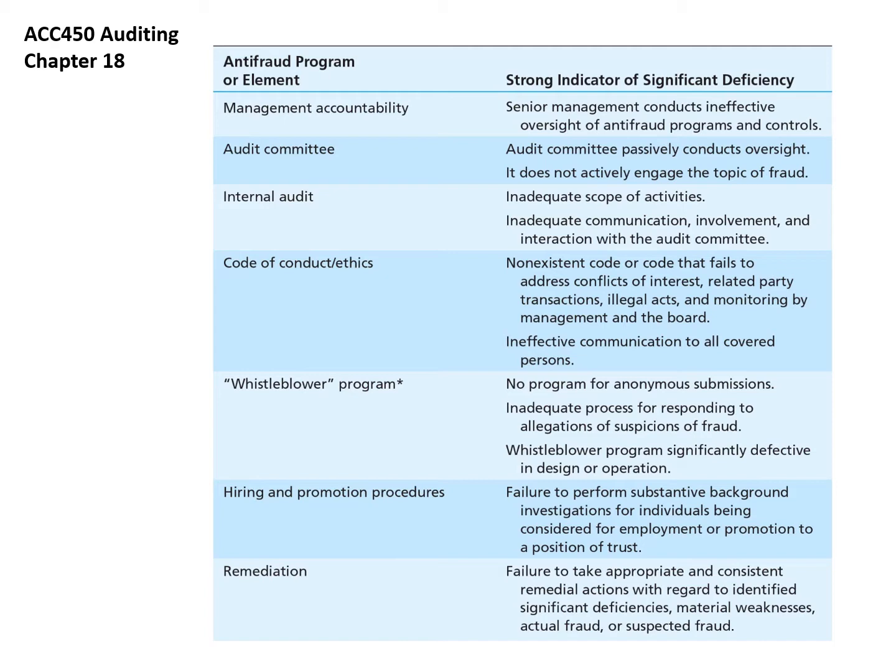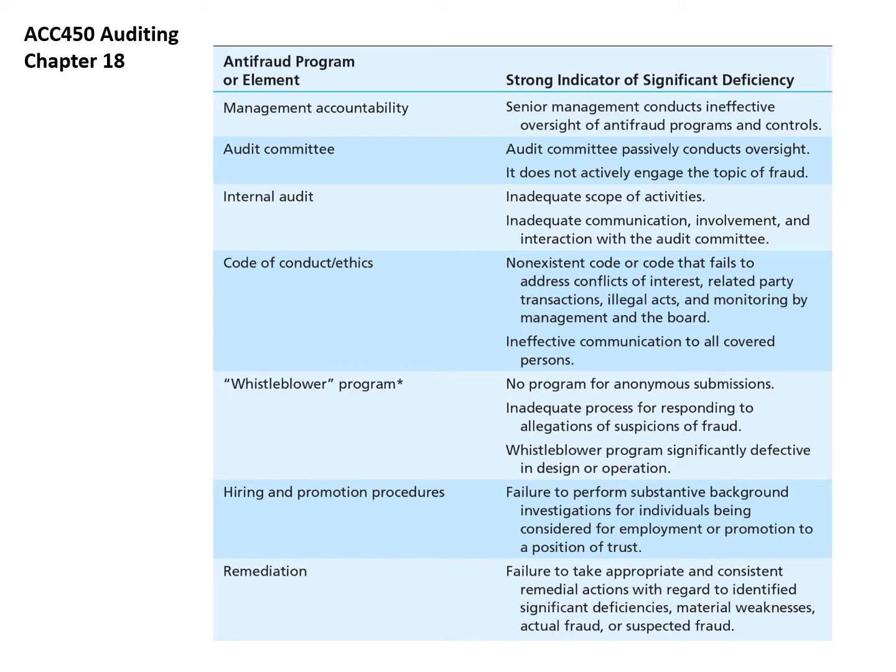So I want to start with just some examples of when we take a top-down approach, some of the significant deficiencies that we might find. So one might deal with management accountability. That's where senior management takes a hands-off approach, doesn't really provide much in the way of oversight with regard to internal controls or with regard to anti-fraud elements.